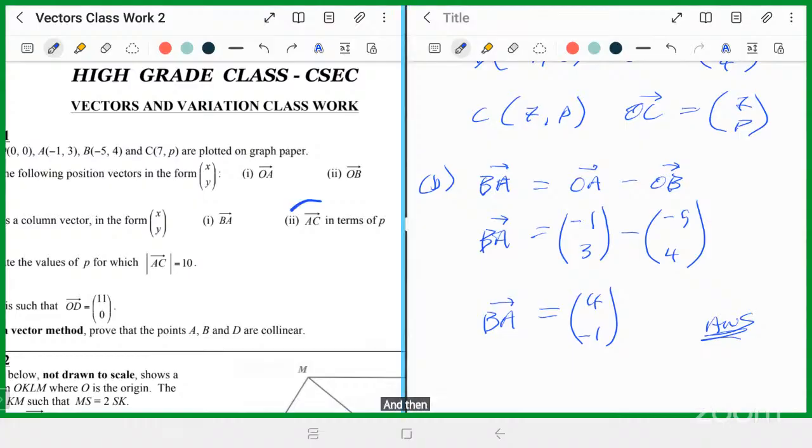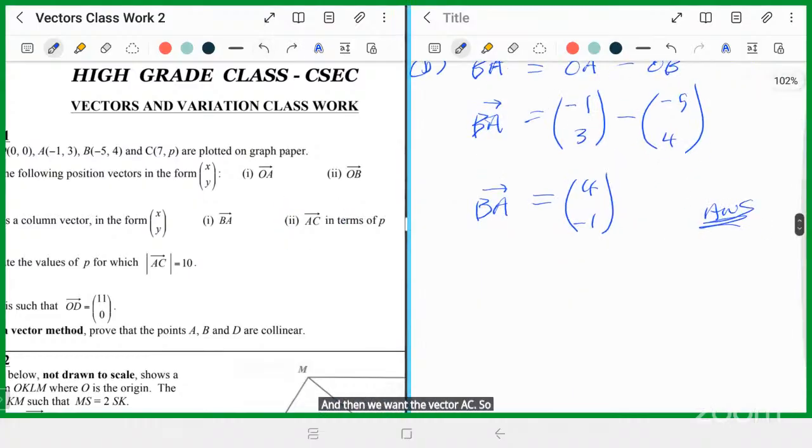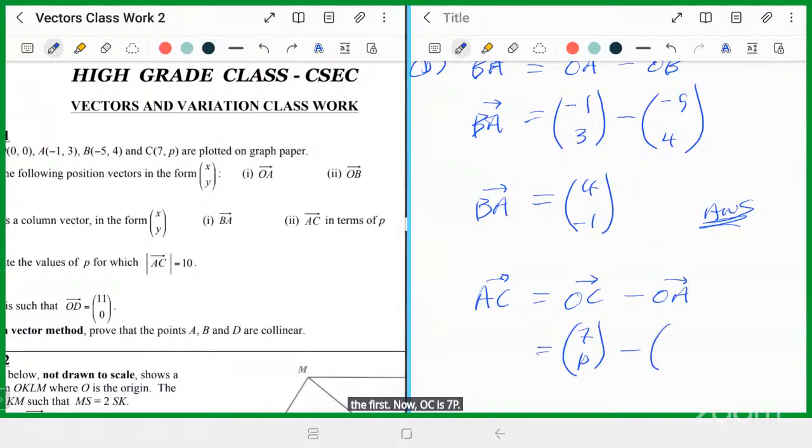And then we want the vector AC. Using a similar approach, since we know the position vectors of C and A, we can use OC minus OA, O times the last minus O times the first. Now OC is (7, P) minus OA, which is (-1, 3).